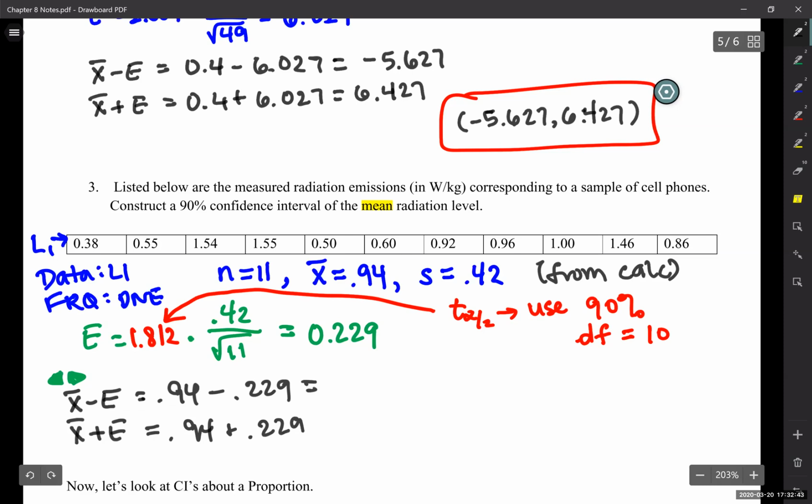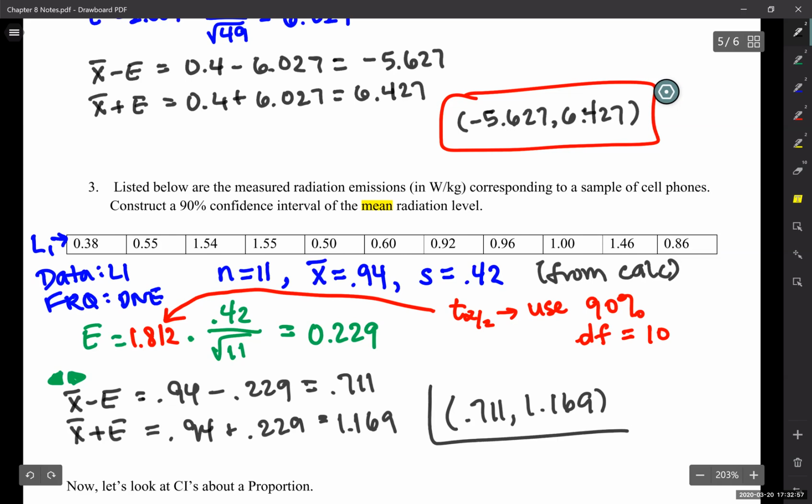And so for my lower limit, I'm getting 0.711, and for my upper limit, 1.169. And again, writing those in number order, I have both of those listed in my interval in number order.